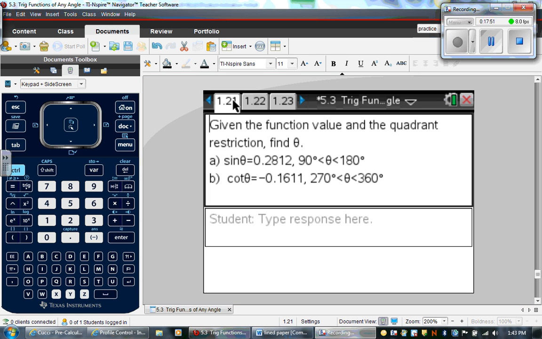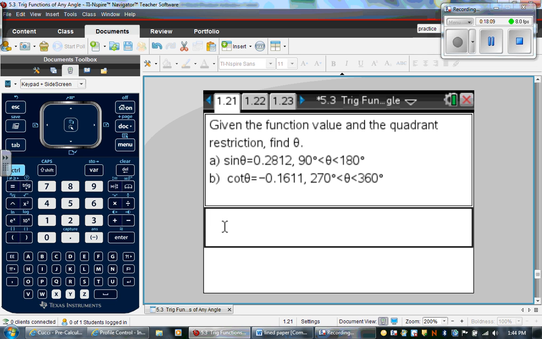Okay, so for these, what we're doing is we're finding the value of theta. Now remember, theta represents the angle. So we know in order to find the angle, we have to use the inverse. Okay?